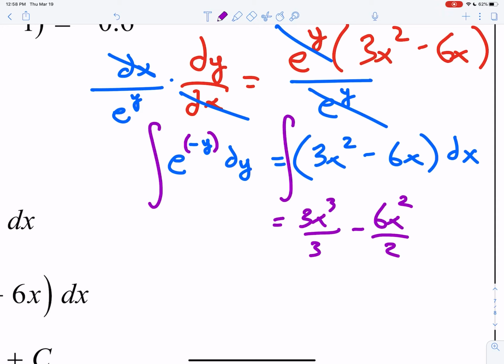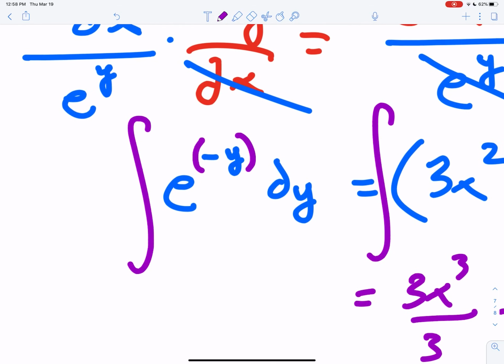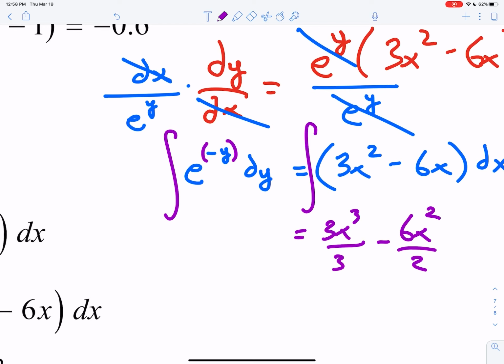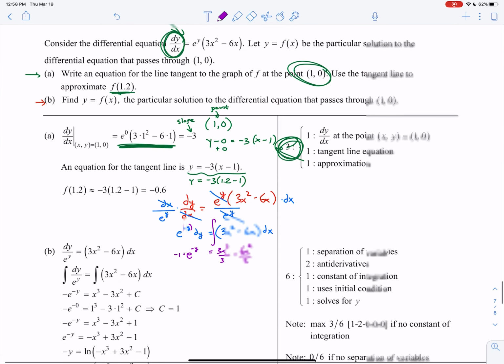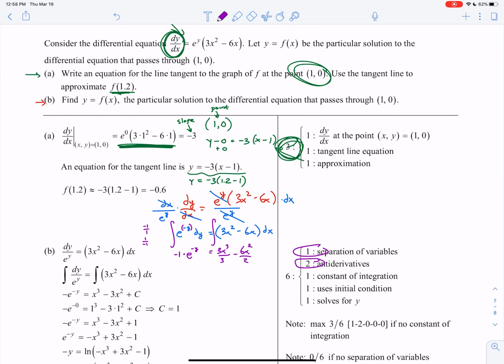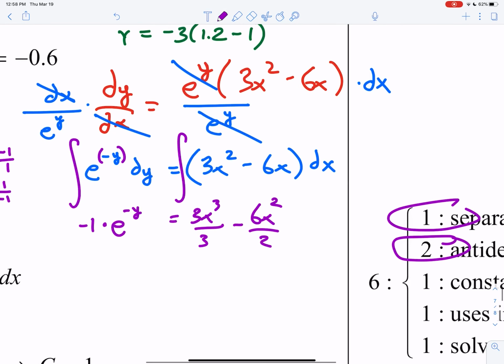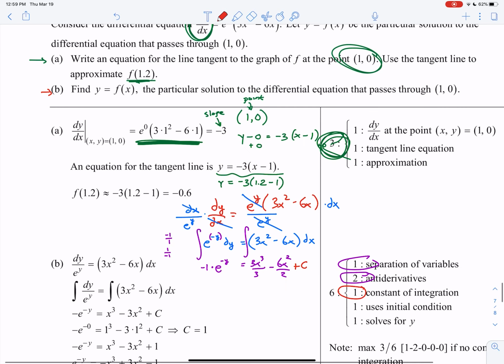One way to combat this is to use mental u-substitution. The derivative of negative y is -1. Then you take the reciprocal of that, which is really just -1 again. So you know you're going to have a -1 on the outside of your answer. And the rest you just integrate. How do you integrate e to the negative y? It stays the same, e to the negative y. That should give you an extra 2 points, along with the 1 point for separating. The fourth point is putting that plus c right there. That'll give you your constant of integration.